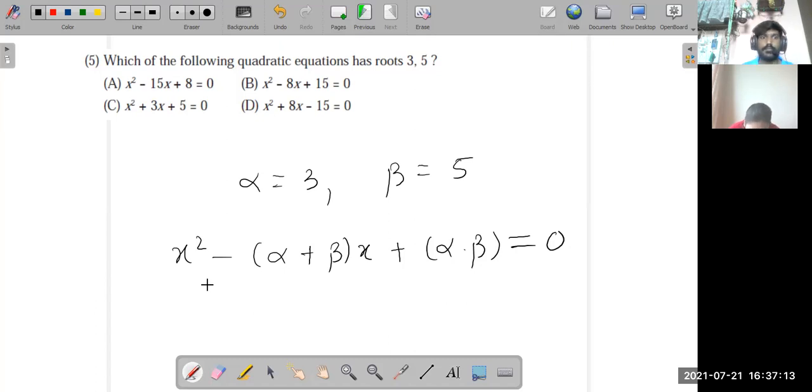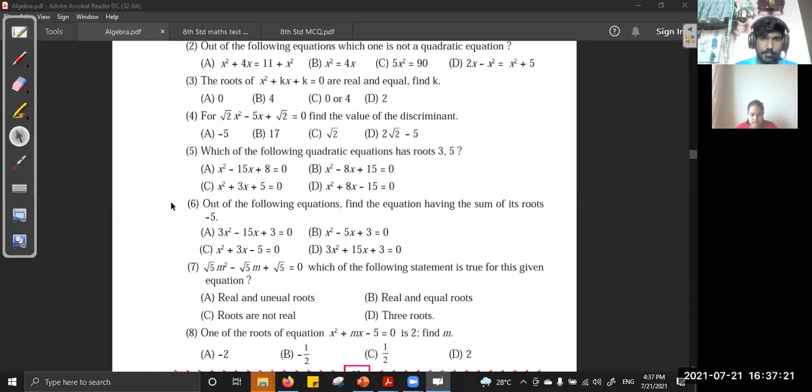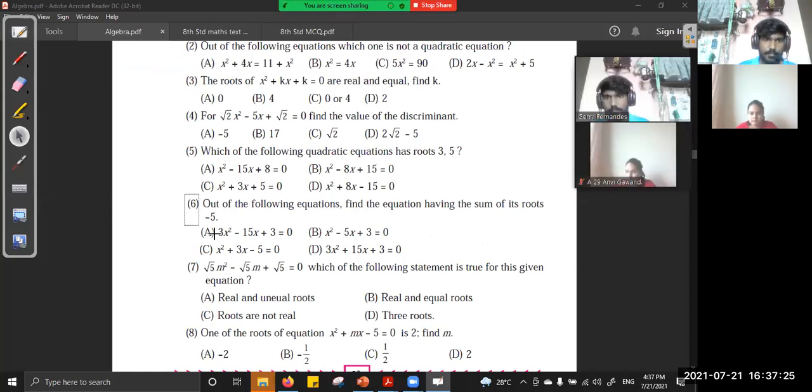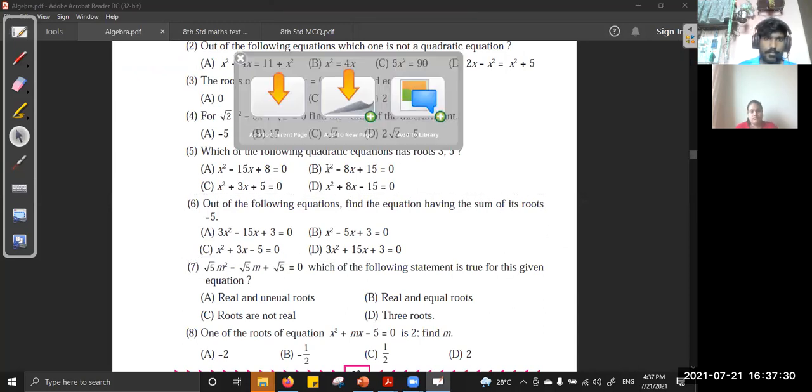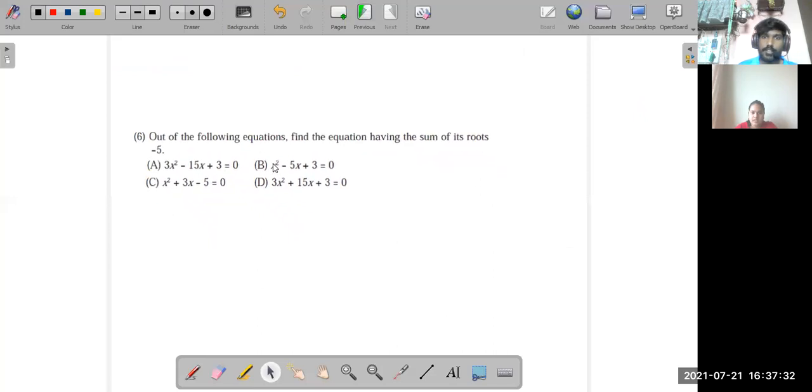Option B, x square minus 8x plus 15 equals to 0. Yes, correct. I've done that.